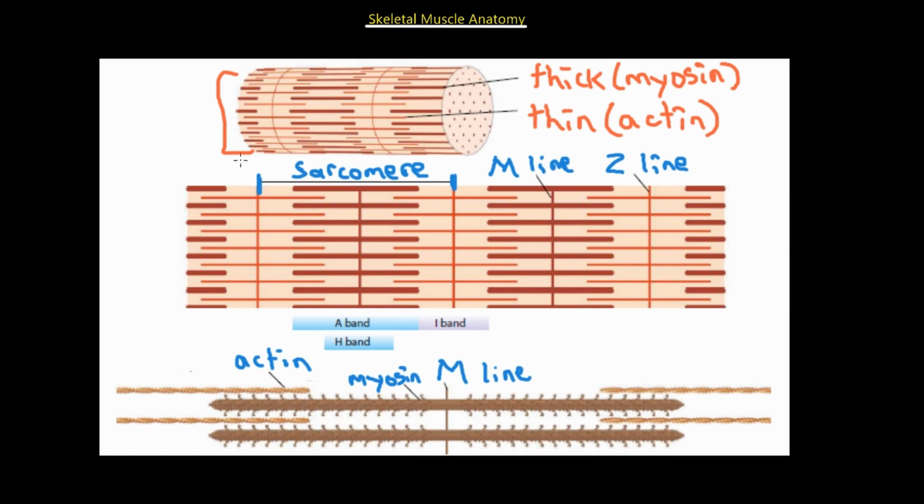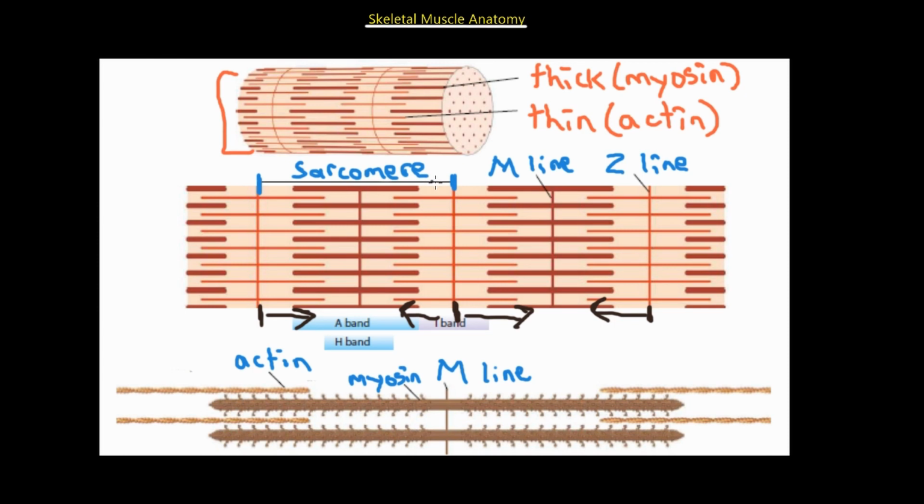Everything is going to contract and get shorter. You will see these Z lines are not going to be so far apart. They will move closer together because the muscle is contracting and the actin is sliding against the myosin.